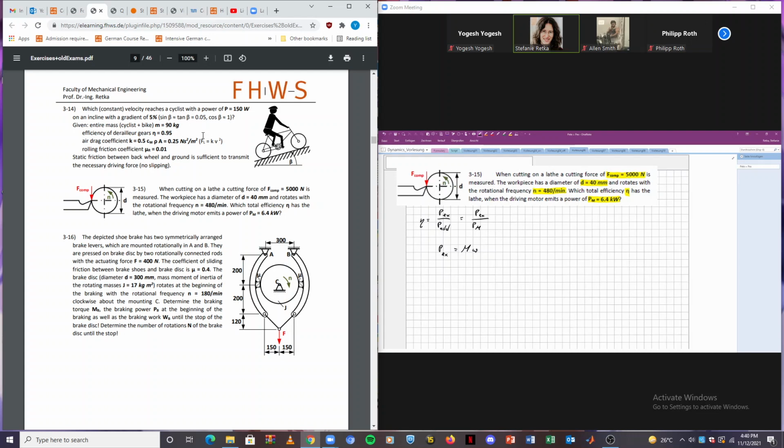Since we already have the force given perpendicular to the axis of rotation, the moment can be computed by force times radius. Radius is equal to half the diameter.